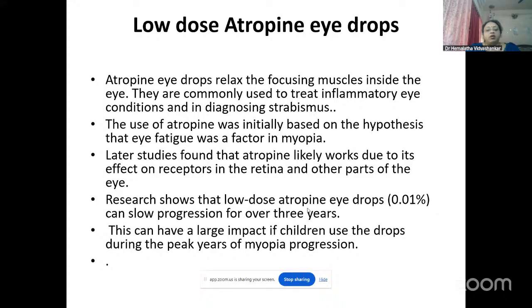So, if the eyeball doesn't elongate rapidly, then the axial length will not increase, and hence myopia progression can be retarded. The most commonly used drops which we use nowadays is 0.01% atropine, and this, when used regularly, especially during the phase of peak growth, helps you retard myopia progression.